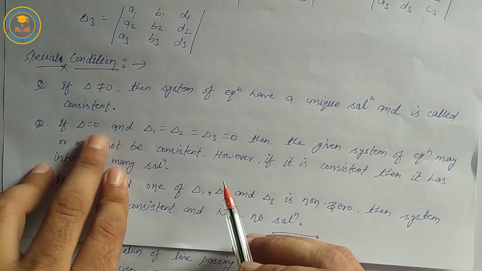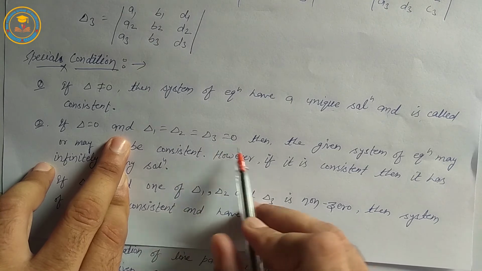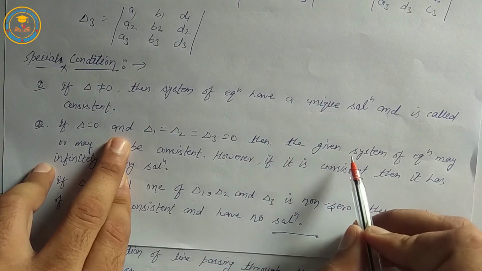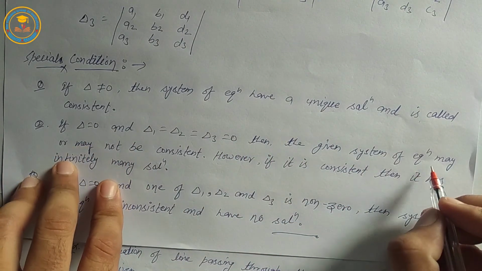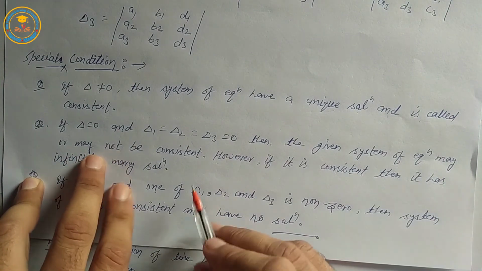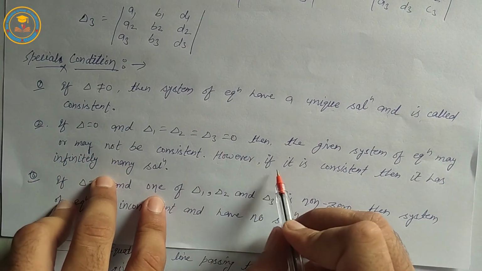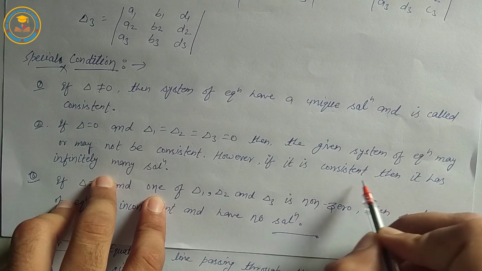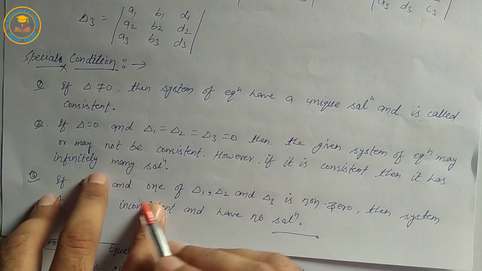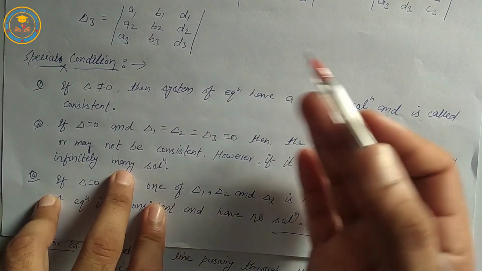Second point: if del is equal to 0 and del 1, del 2, del 3 are all equal to 0, then the given system of equations may or may not be consistent. However, if it is consistent, then it has infinitely many solutions.